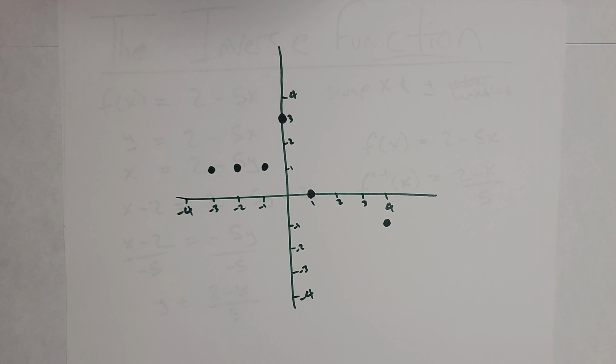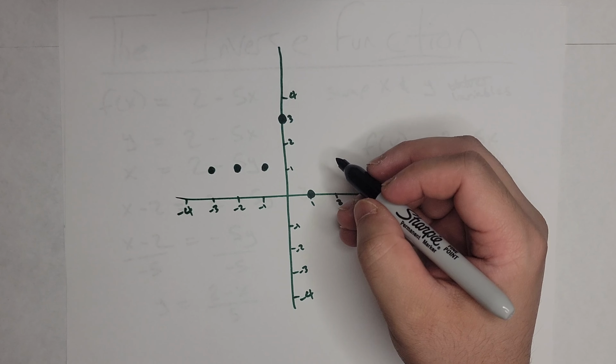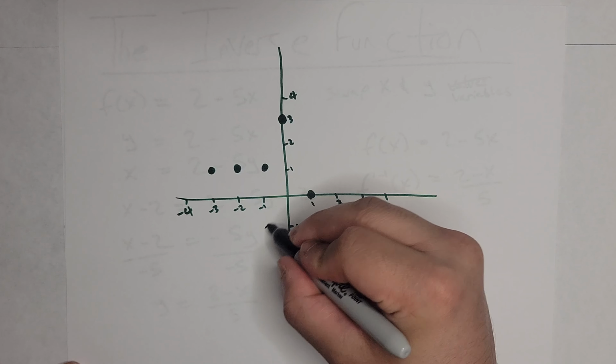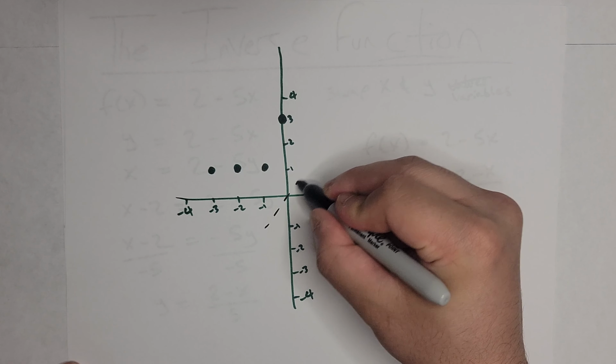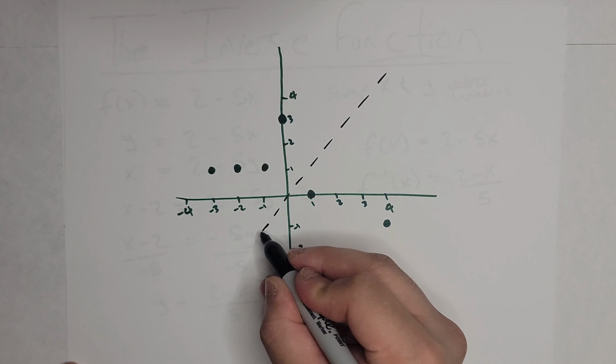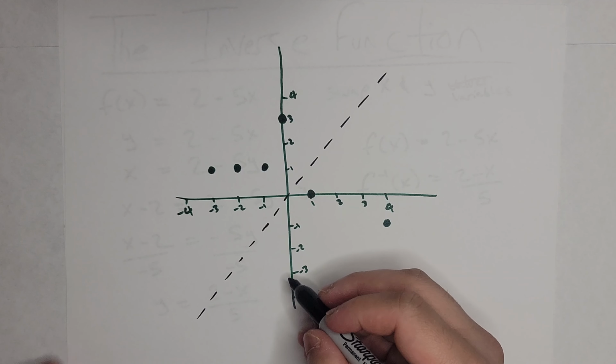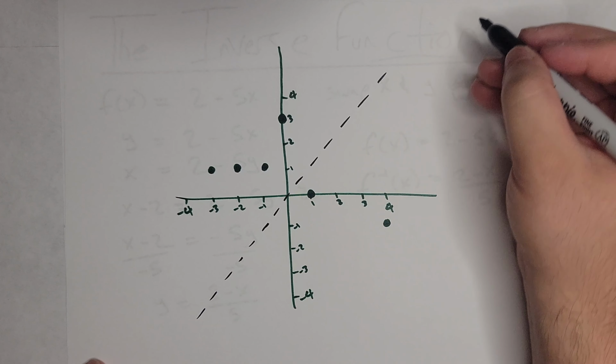It might confuse you, but what you can do is draw an imaginary line, and this imaginary line is basically y equals x.